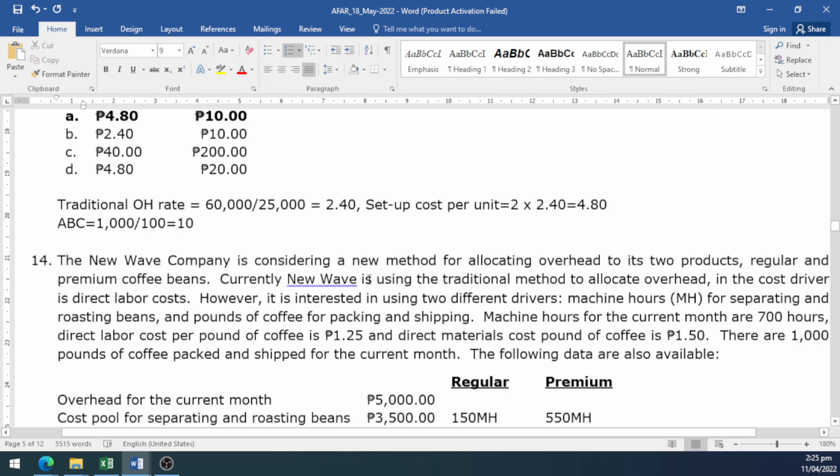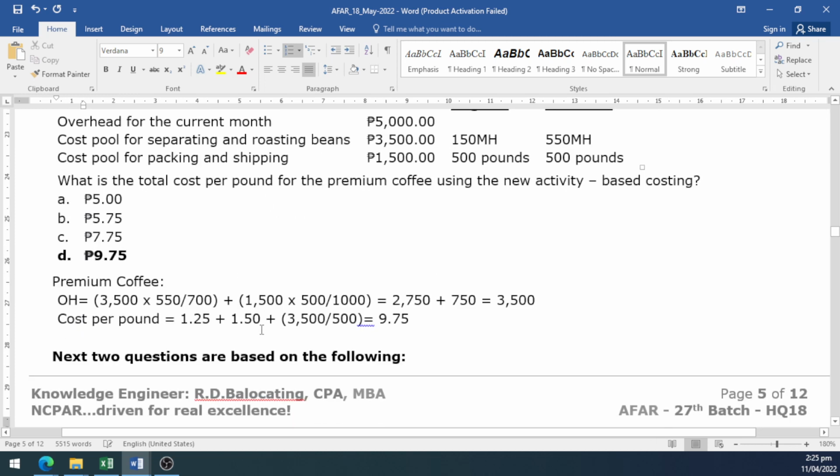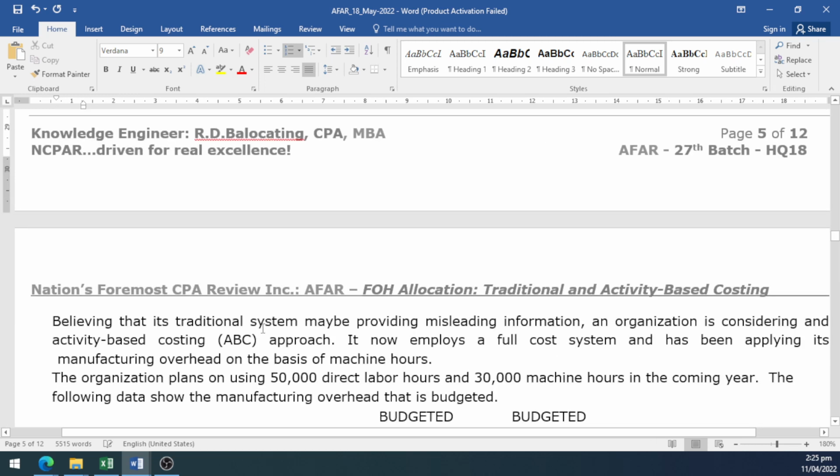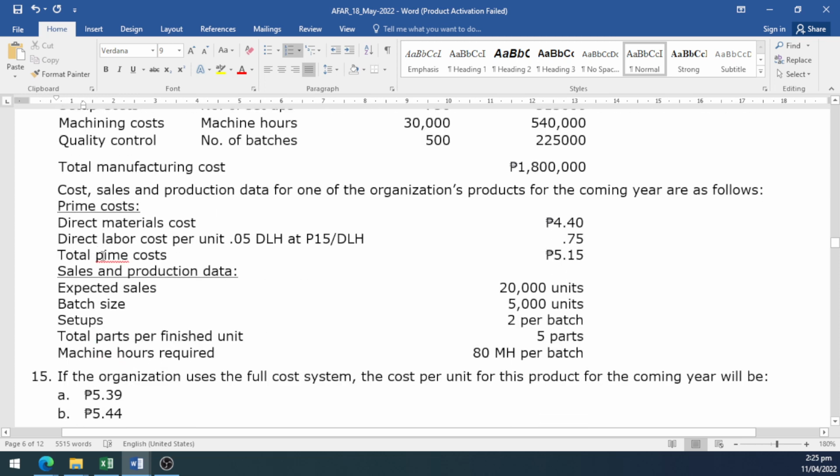So, this materials, nandiyan na po yung sagot, nandiyan din yung solution sa mga iba, no? Yung mga iba naman na hindi difficult na problem, simple problem or easy ang category, hindi ko na nilagay, yung key answer na lang.